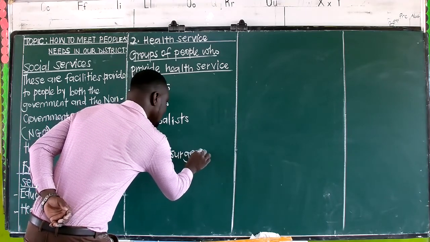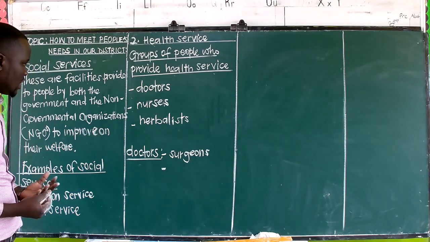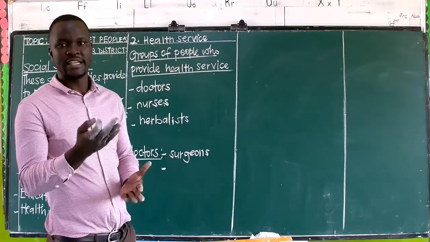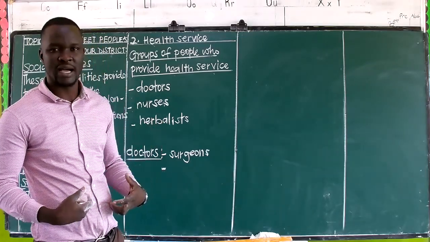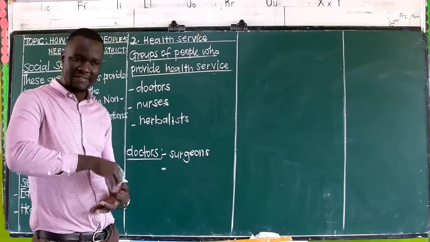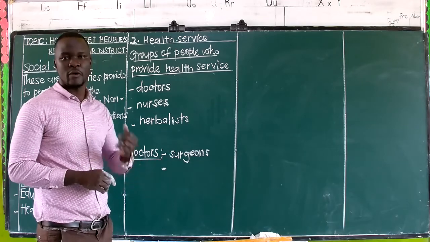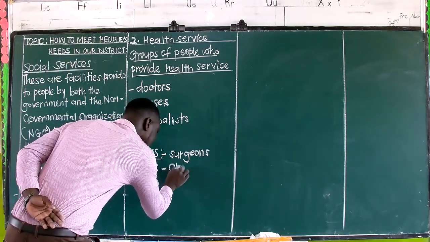Of course, we need to know that we have different doctors performing different duties. We have the surgeons who deal with operating on someone. They cut you, like maybe you have a problem in the stomach, they cut your stomach, then they fix the problem and they stitch that part back. Those are the people we call the surgeons. Then we have what we call the opticians.